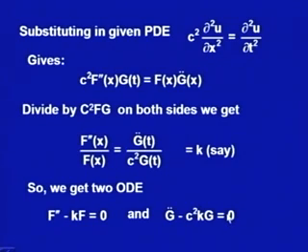You see, both these equations are second order linear differential equations with constant coefficients and homogeneous, the right hand side is 0. We do know how to solve it. So, we will solve them one by one.